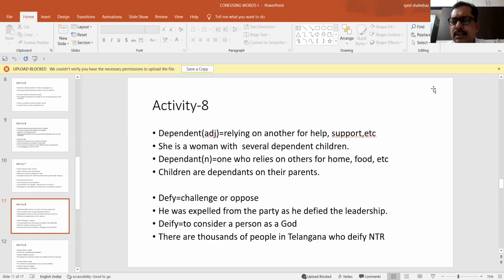So deify means making a statue of that person and worshipping that person regularly as a god. That is called deify. To consider a person as a god, a demigod, god. There are thousands of people in Telangana who deify NTR. So they regard him as Lord Krishna or Lord Rama.